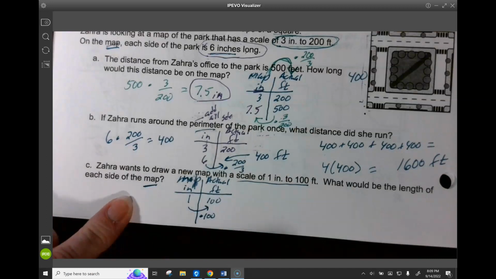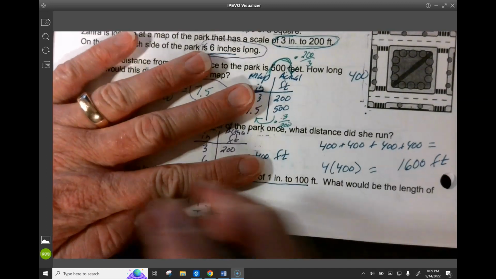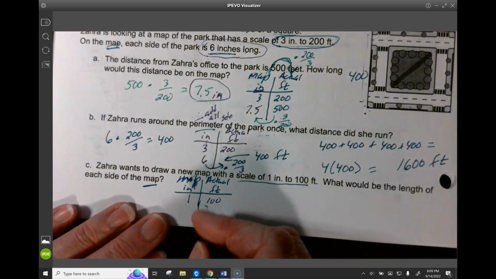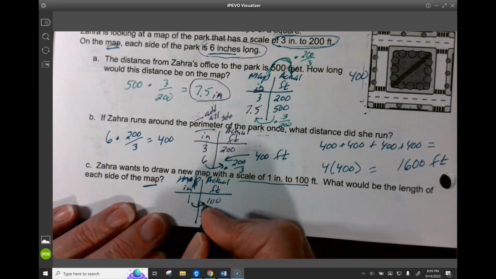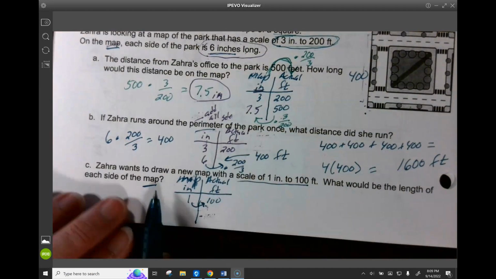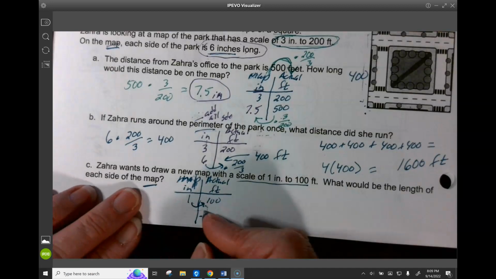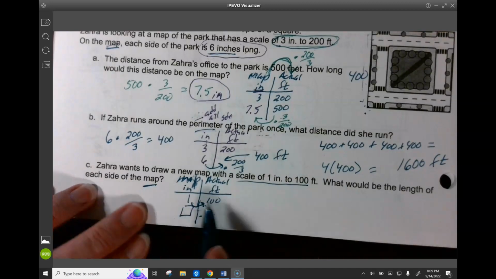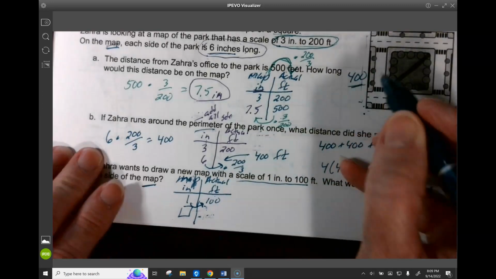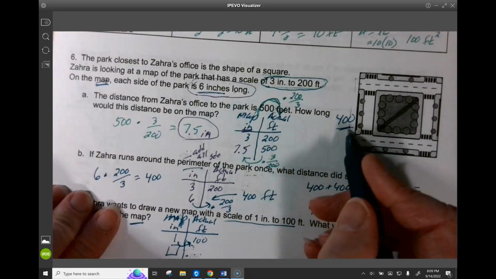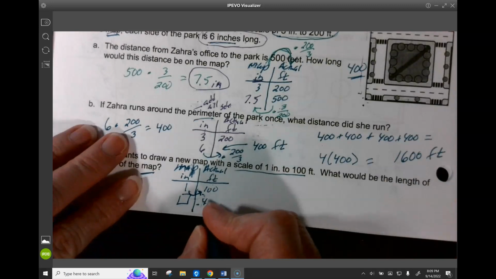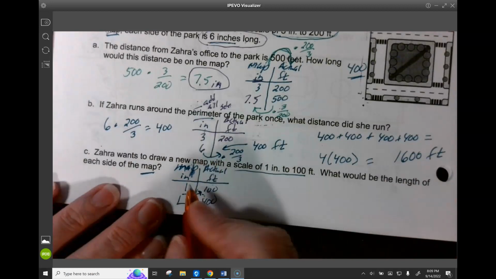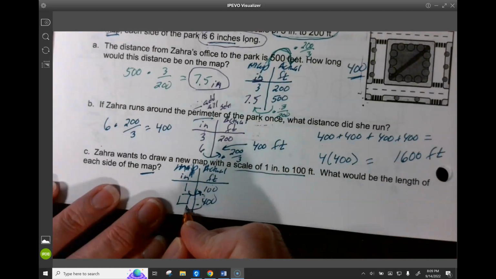Now we need to find the map. Okay, I need room to work, so I'm going to erase that. But I'm going this direction. So if I need to find the side of the map, I'm looking for this. Do I know the side of the park? One of the sides? Yes, we just found it. Yay us, we just found that. That's right up here. So I'm going to start at 400, but look, I'm going the opposite direction.